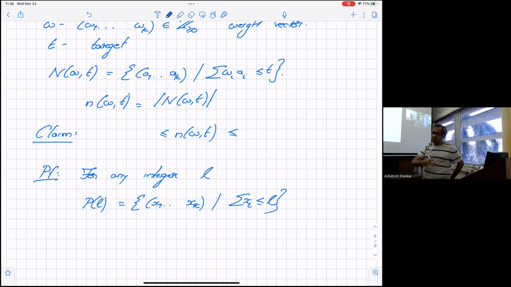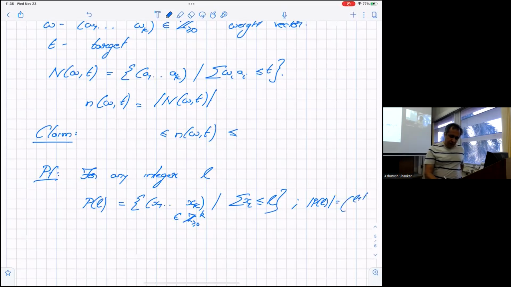These are not all integers. But this is a number which we know quite well. What's the size of this? It is L plus k choose k. This is just the number of k-variate monomials of degree at most L.